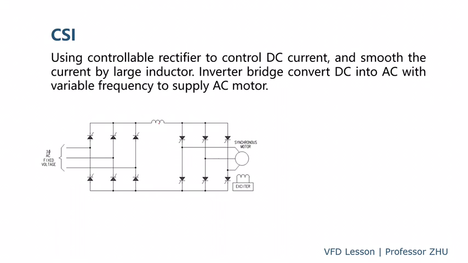Normally for the CSI, there is an inductor on the DC side, and on the converter side SCR or thyristor is normally used to convert AC to DC. On the inverter side, SCR is also normally used. And the load is typically a synchronous motor with an electrical exciter.